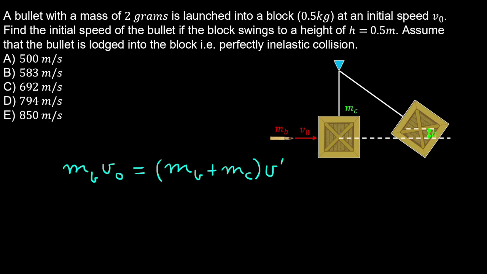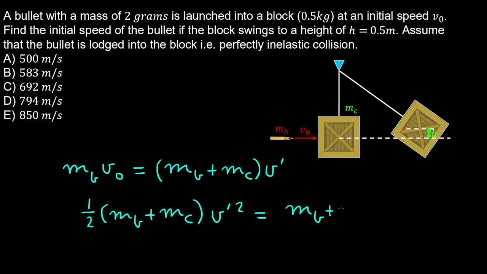And therefore the initial kinetic energy of the system is 1/2 mb plus mc by the square of v dash, and that's converted into gravitational potential energy. So we have the mass of the block plus the mass of the crate by the gravitational acceleration by the height h.